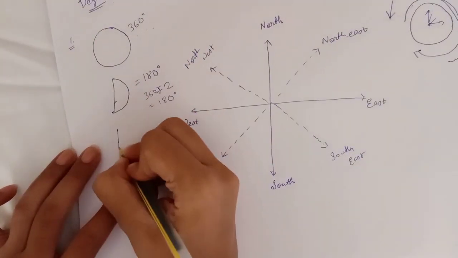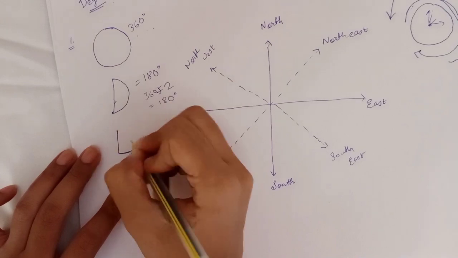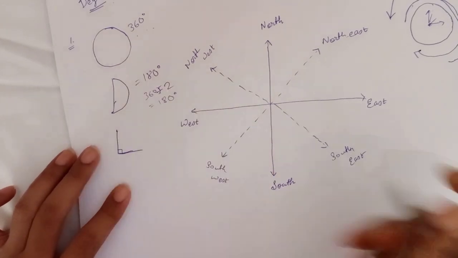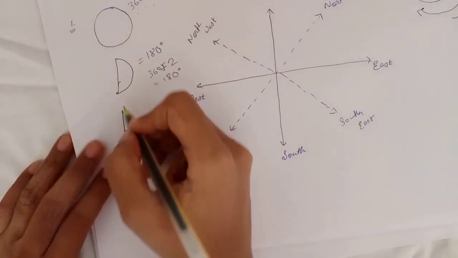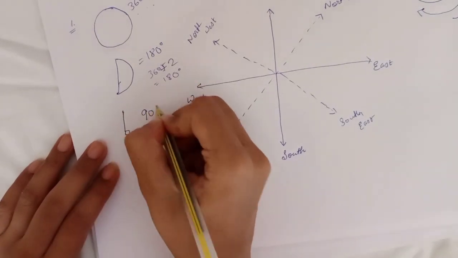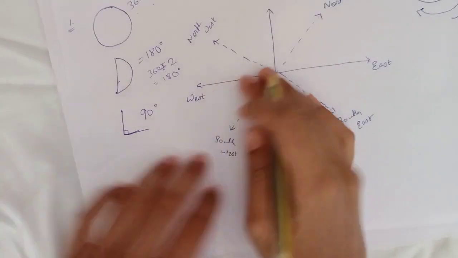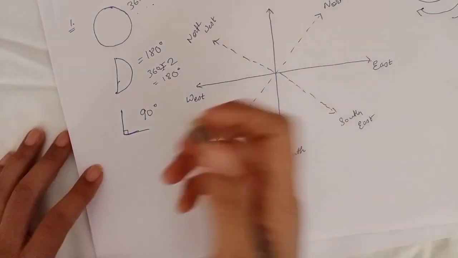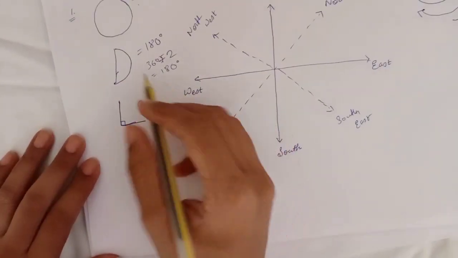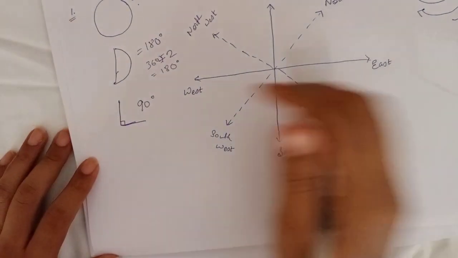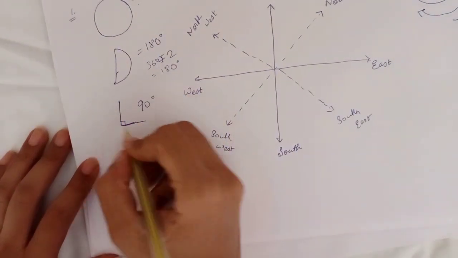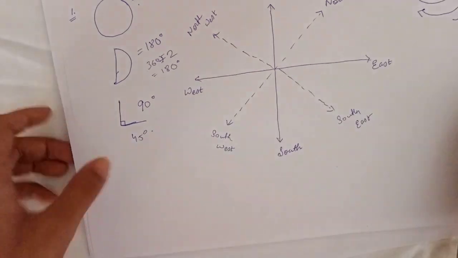Or a right angle, the degree of a right angle is 90 degree. So this is one way to remember, and the half of 90 is 45 degrees.